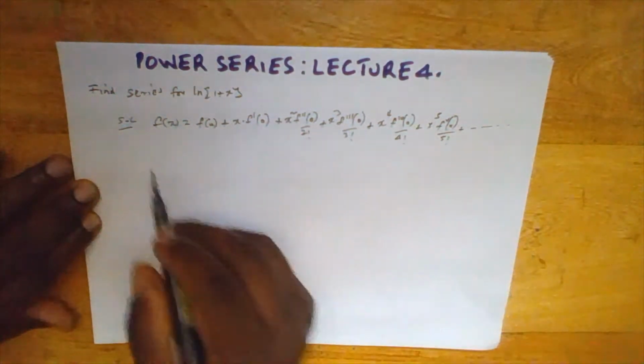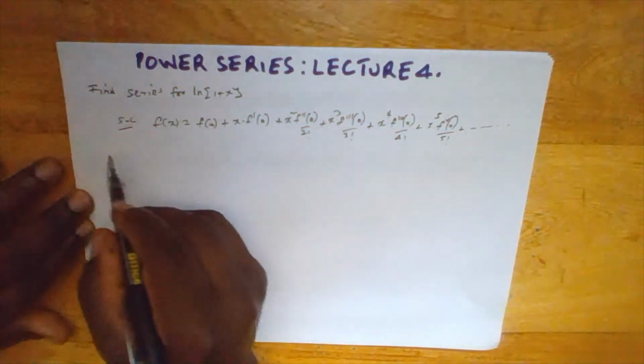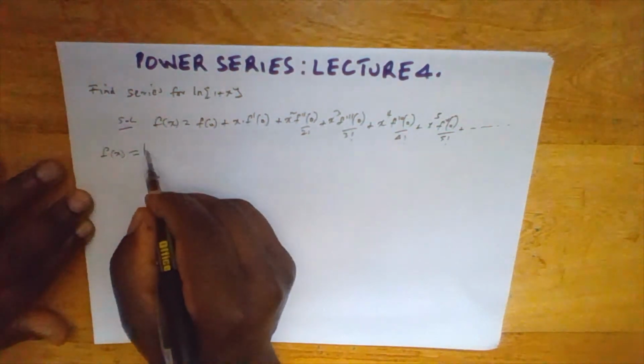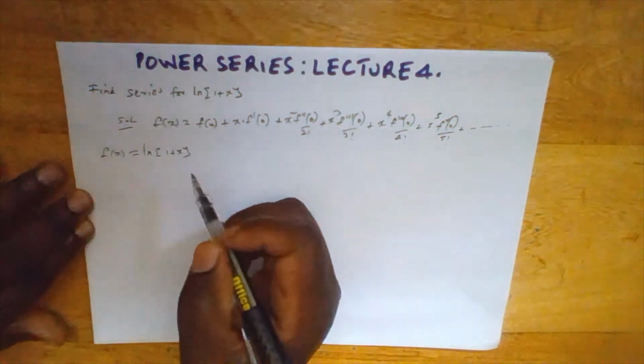Now, from the given equation we can see that our f of x equals ln of 1 plus x.